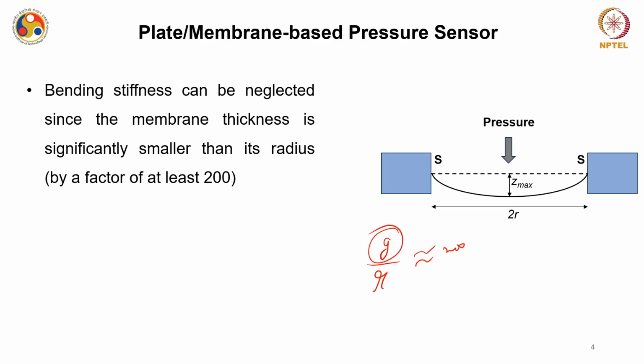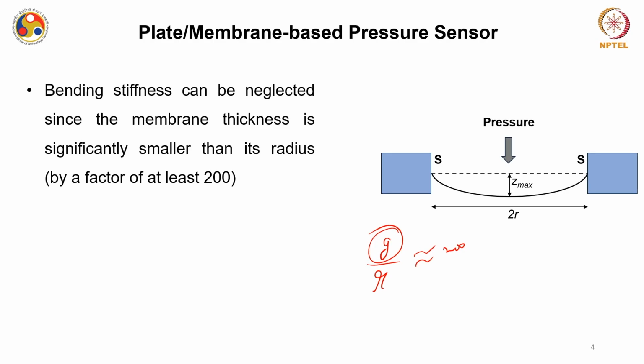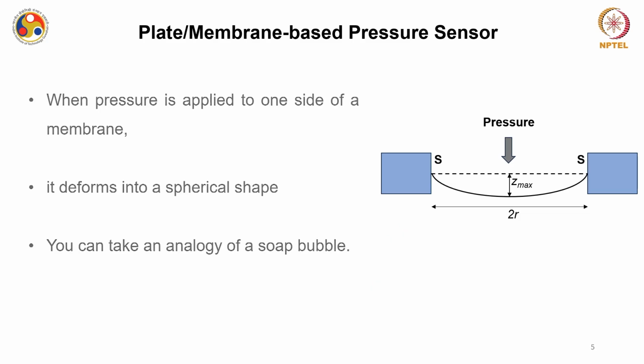Of course, it should not be very high, otherwise it will be very difficult for the membrane to sustain. It will immediately break on its own weight. So it should be balanced out, and usually for the case of a membrane or a thin diaphragm, we are taking it at least to be 200. We will see what this ratio is when we consider a plate, where it should change significantly.